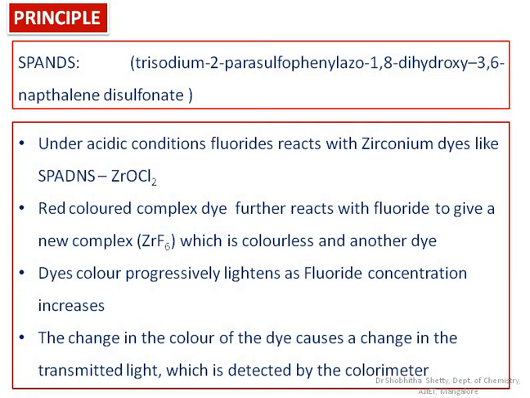As you can see, mainly it involves a reaction between fluoride and a complex of zirconium dye, that is zirconium chloride and SPANS dye complex, and this dye is red in color. When you add the water sample which contains the fluoride ion, the dye will react with the fluoride and give rise to another new complex, ZrF6, and this complex is actually colorless.